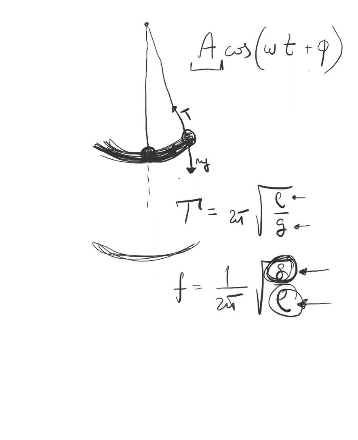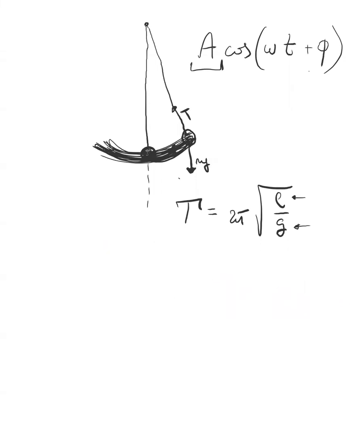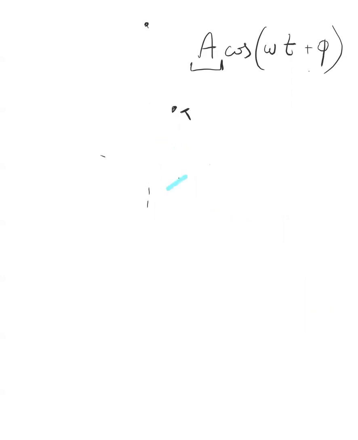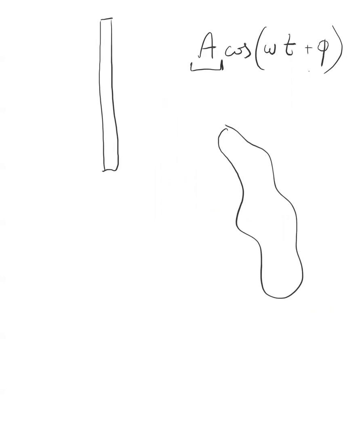Now, the next level of complication is when you have a pendulum which isn't that simple. So let's say instead of this small mass, you have something more extended, suspended from the ceiling. It could be a rod, for example, or it could be a more complicated shape.